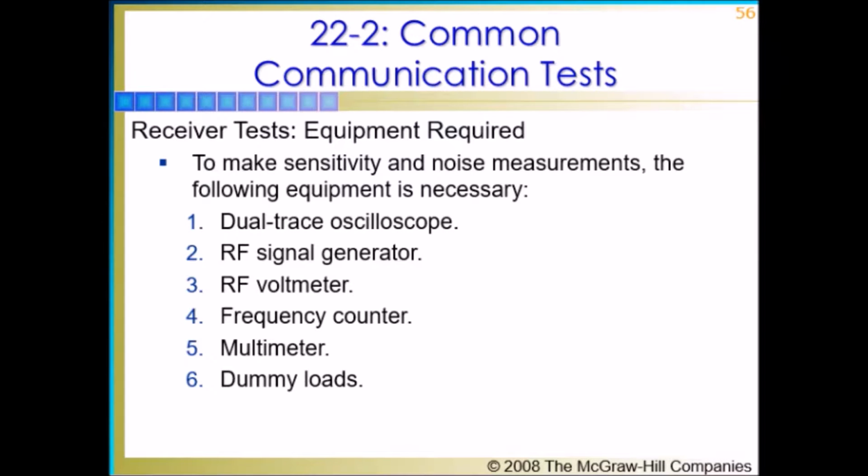Common communication test, receiver test, equipment required. To make sensitivity and noise measurements, the following equipment is necessary. Dual trace oscilloscope. The vertical frequency response is not too critical, for you will be viewing noise and audio frequency signals. RF signal generator. This generator provides an RF signal at the receiver operating frequency.